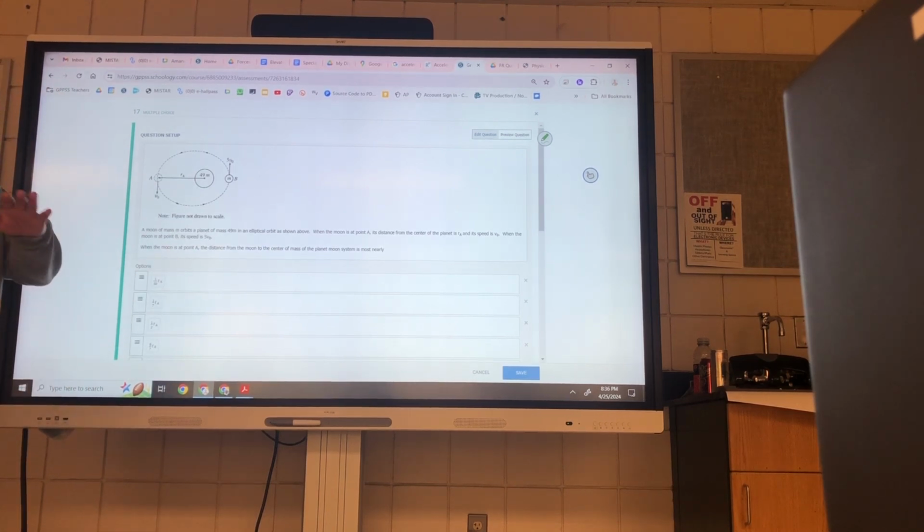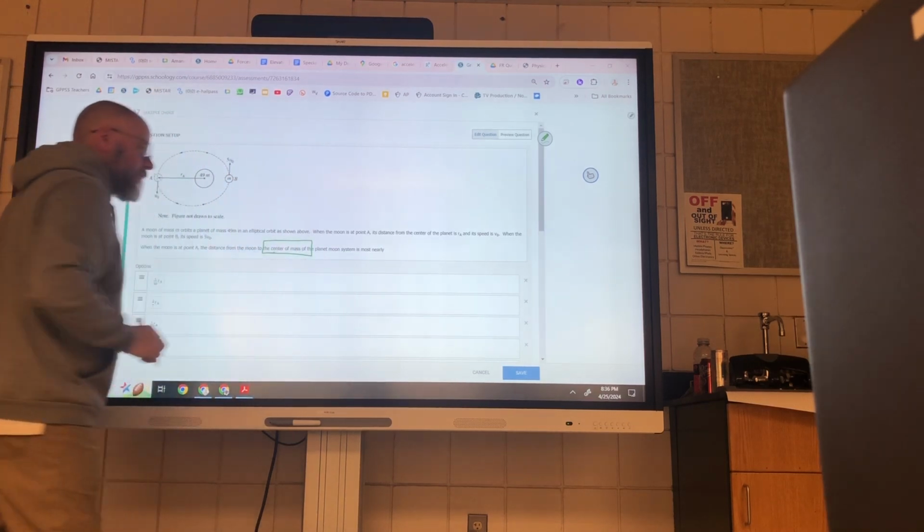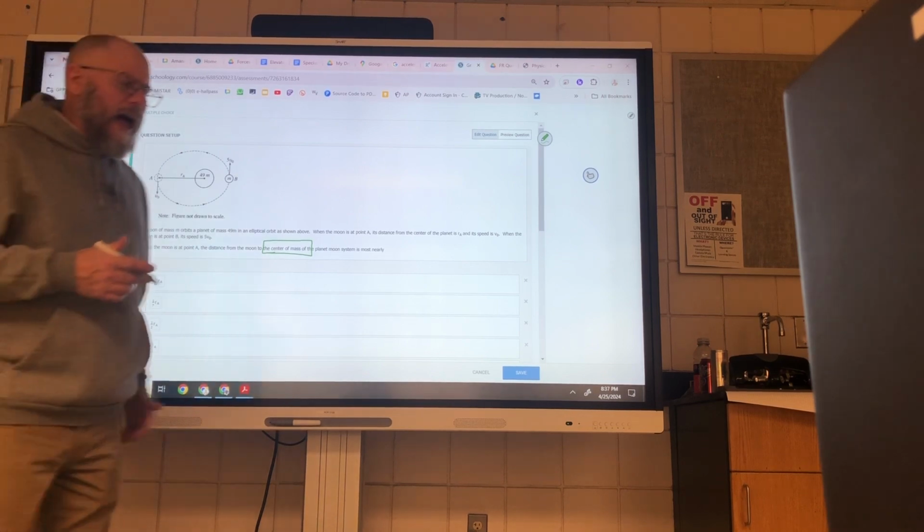So this is a great problem. This is masquerading as a planetary problem, but what does it ask you for? The moon. The center of mass. Do you guys remember how to calculate the center of mass? I actually think it's on the equation sheet.